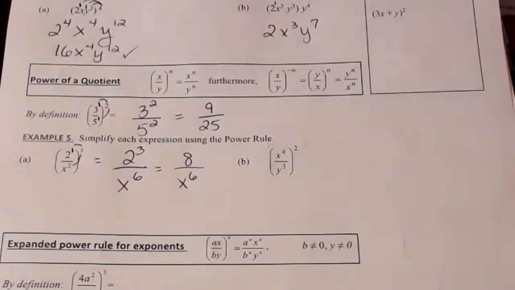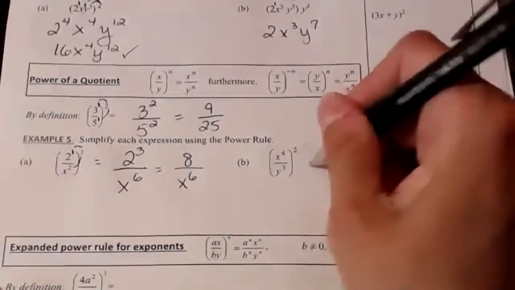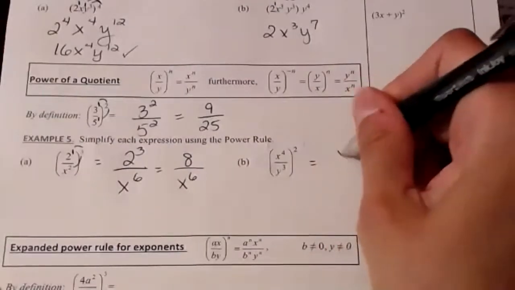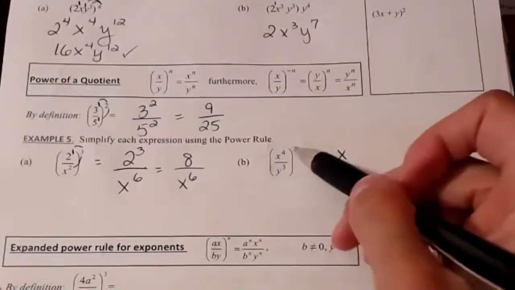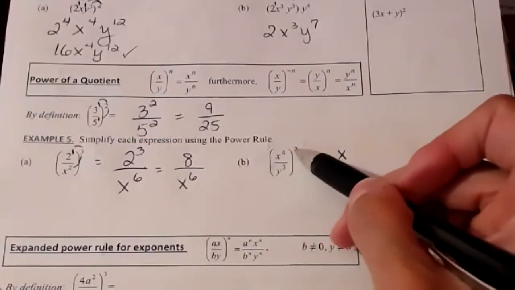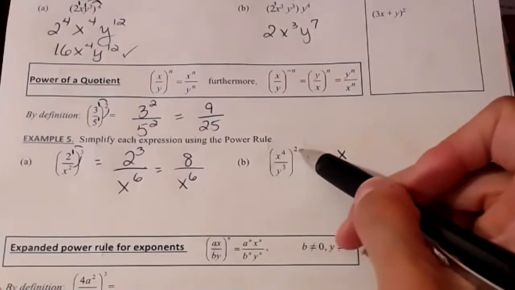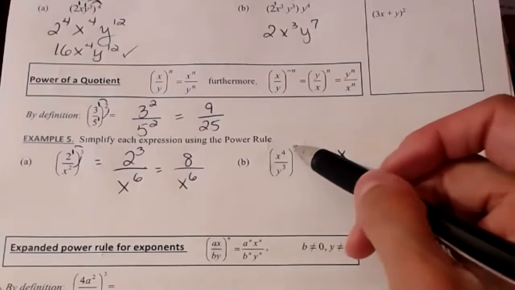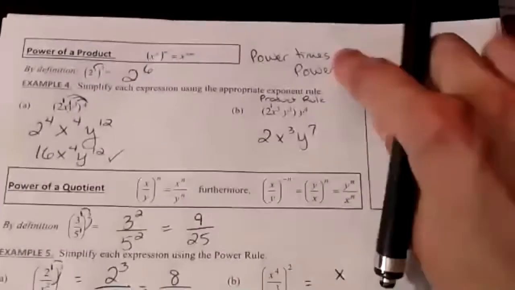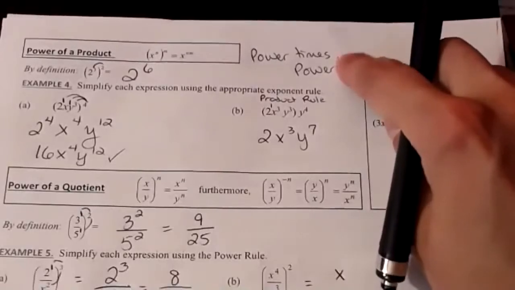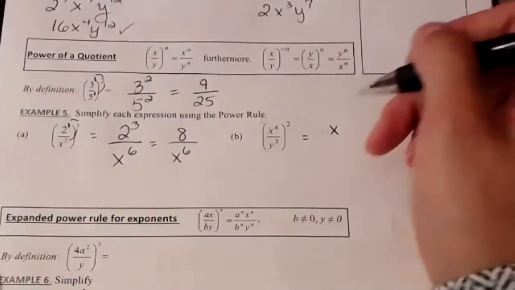Didier, what about part B? We have x to the 4th over y to the 3rd, and we're going to square it. What does this leave us with? X to the 6th. Ooh, what are we going to do with these powers? We're going to add the powers. So. No, not add, but multiply. So power, yeah, power times power. So it's going to be x to what?